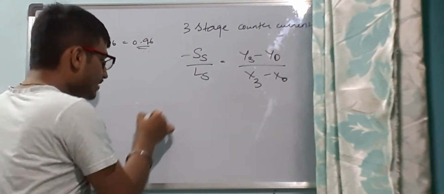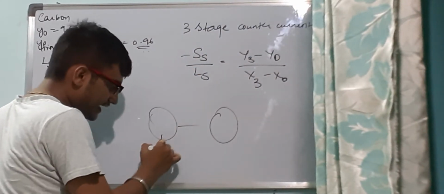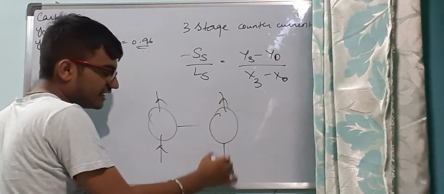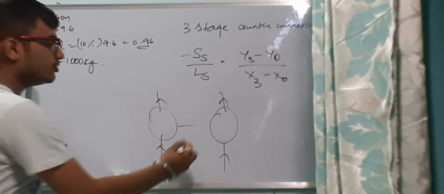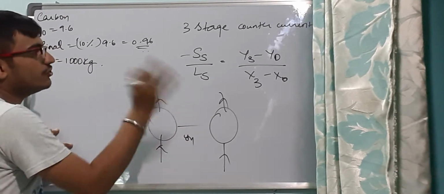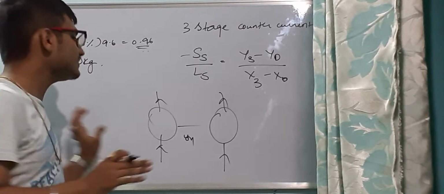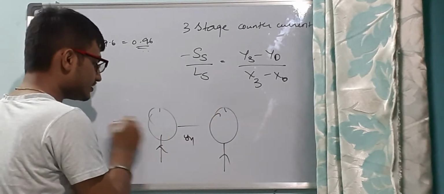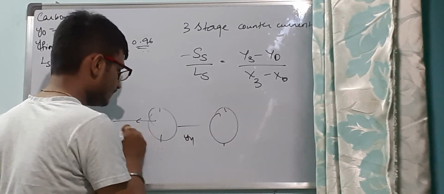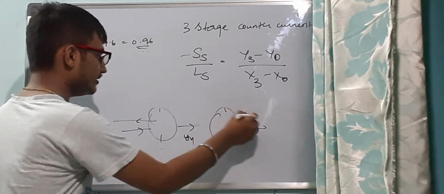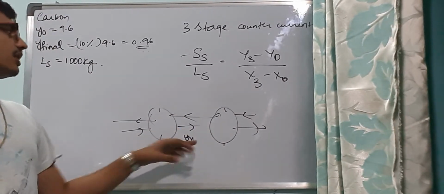Sorry, in the previous one you had cross current. So you had the intermediate values he gave you, so you easily calculated. Now in this case, he is telling that it is not cross, it is counter. So the feed is entering this way and the other in this direction. This is what is counter current.